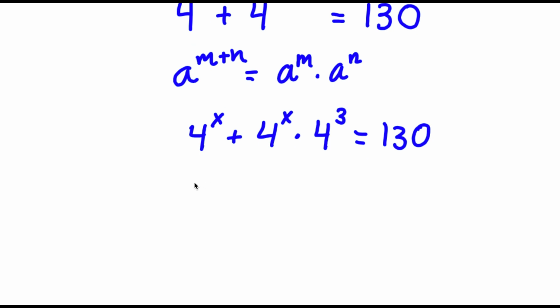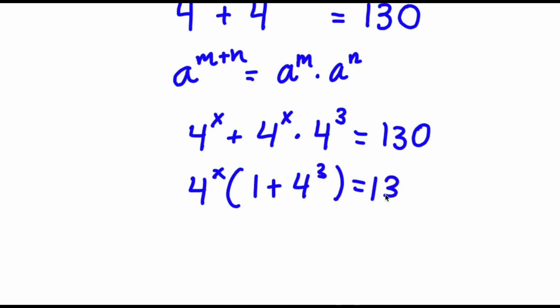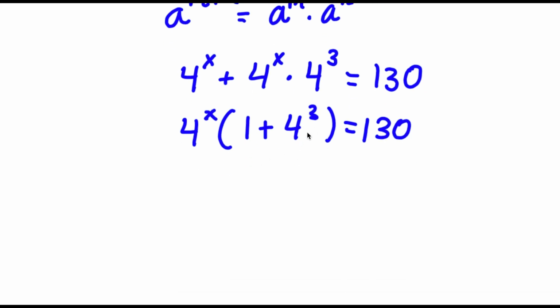Now I'm going to factor out 4 to the power of x, so I get 4 to the power of x times (1 plus 4 to the power of 3) is equal to 130. Now 4 to the power of 3 is equal to 4 times 4 times 4, which is 4 times 4 is 16, and 16 times 4 is 64.